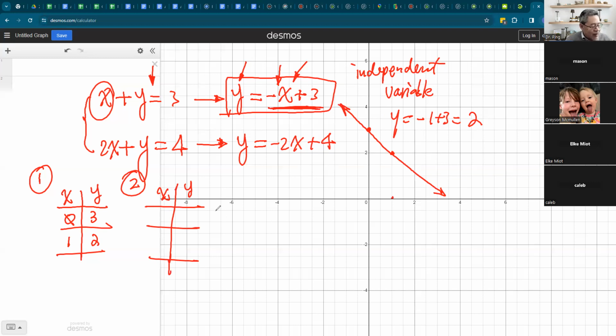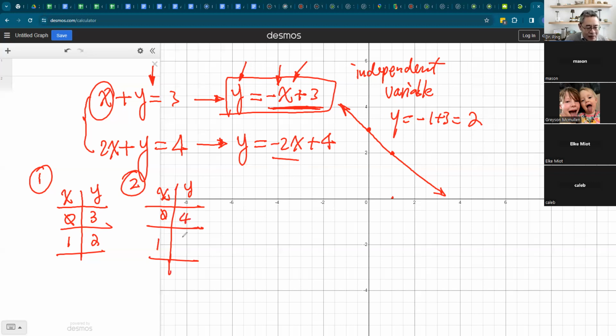Because we have that freedom, we can try to make it as simple as we can. That's why I give x as 0. You don't have to use 0. It could be like 100, but that would make your life harder. So if x is 0, then y is 4.